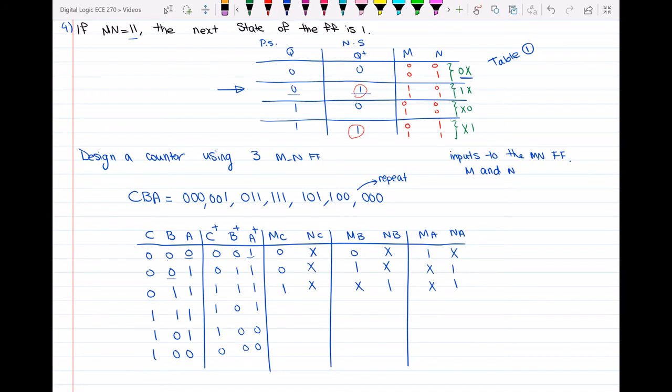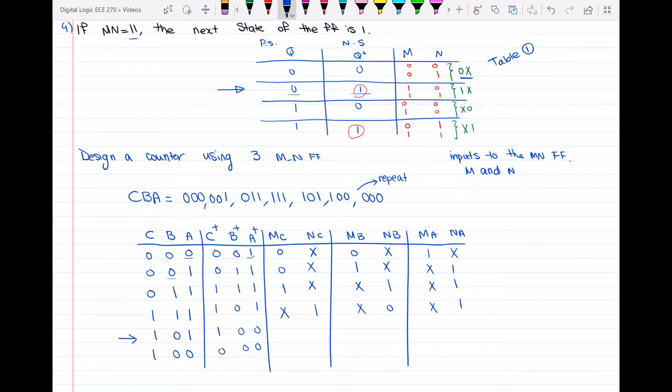Then we go back and consider row 4. So we have 1, 1, so it is X1. Then I have 1, 0. So in table 1, for 1, 0, we have X0. And then for 1, 1, we're going to have X1. We go to row 5.